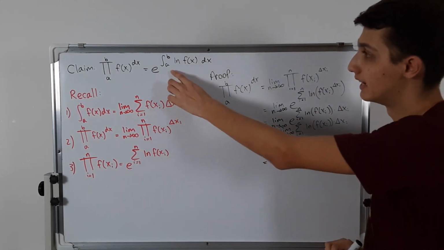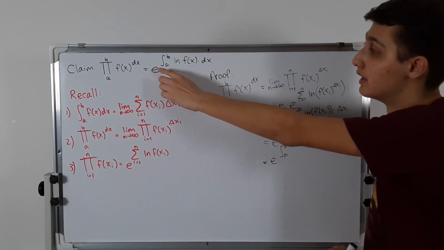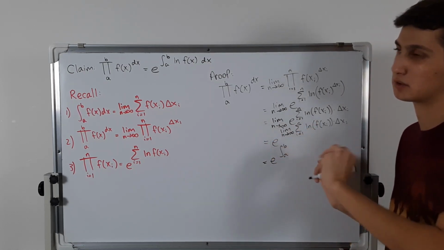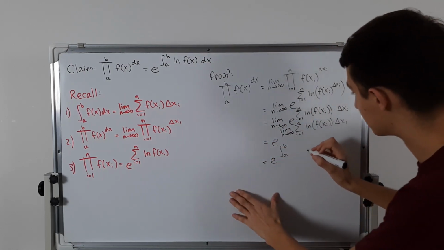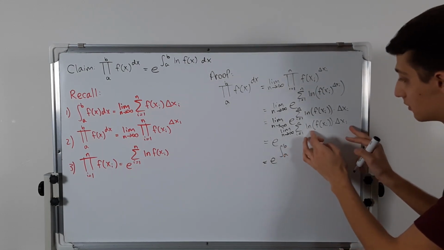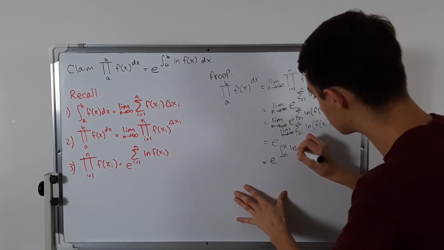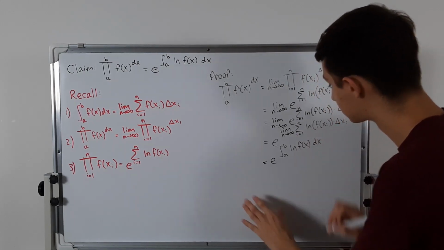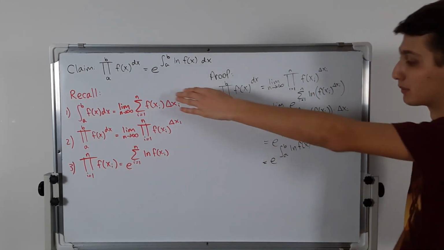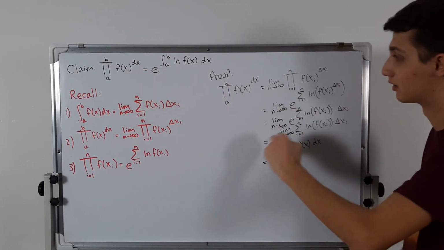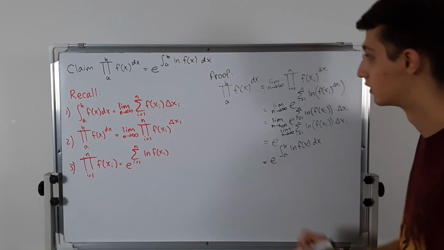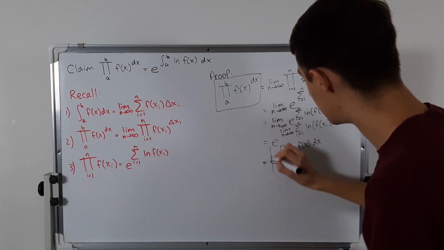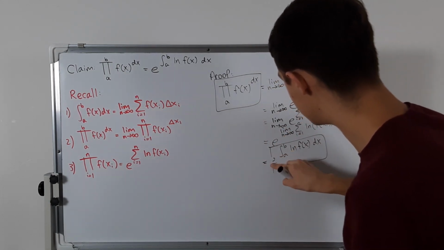Just remember that a is equal to x1, and b is xn, or could be xn minus 1 or something like that. So then this is just the integral of the natural log, so the natural log of f of x dx. And that's it. We actually proved our statement in just a few steps. So we have this equals that, and that's it.